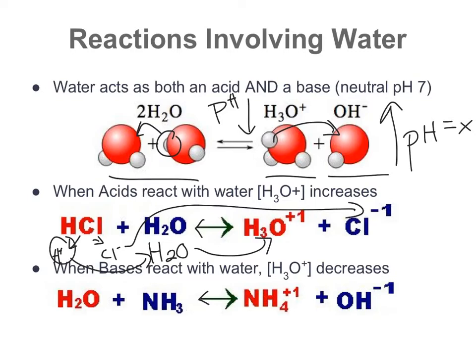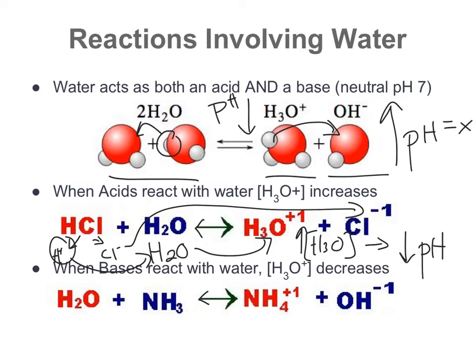As a result, we're going to increase the H3O concentration, which subsequently will decrease the pH. We'll learn more about calculating pH soon, but the more hydronium ion you have, the more acidic it is, so you're talking about a lower pH.